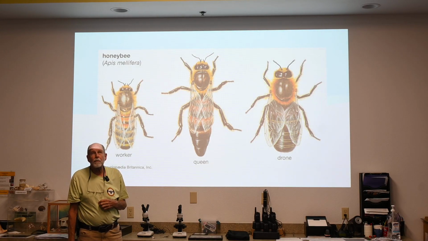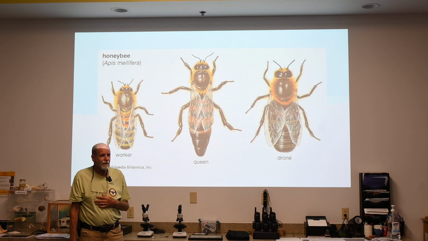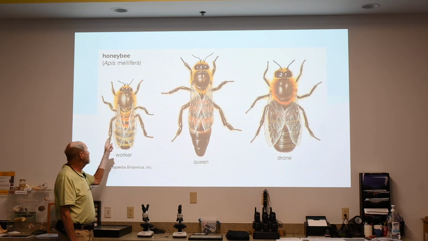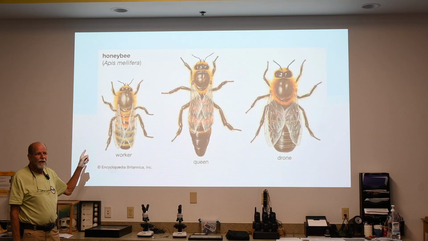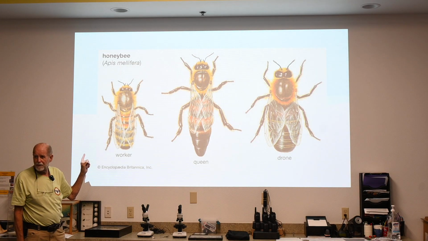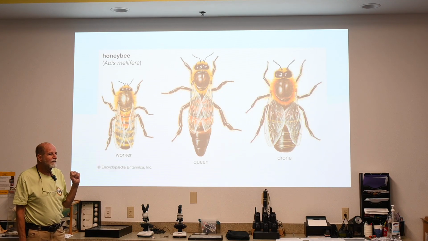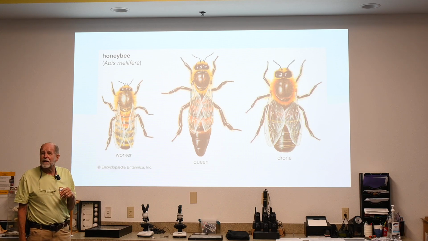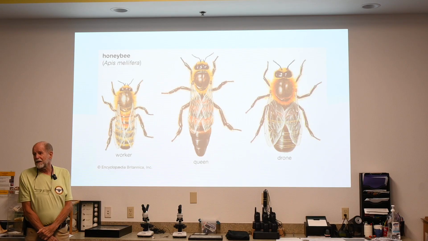So out of 50,000, real quick math, that's about 5,000 can be drones. And that means 45,000 are going to be the female worker bees. They get to do raising of the brood, which is the young babies, house cleaning, gathering, cleaning, gardening, guarding. In other words, everything else that needs to be done is done by the females.